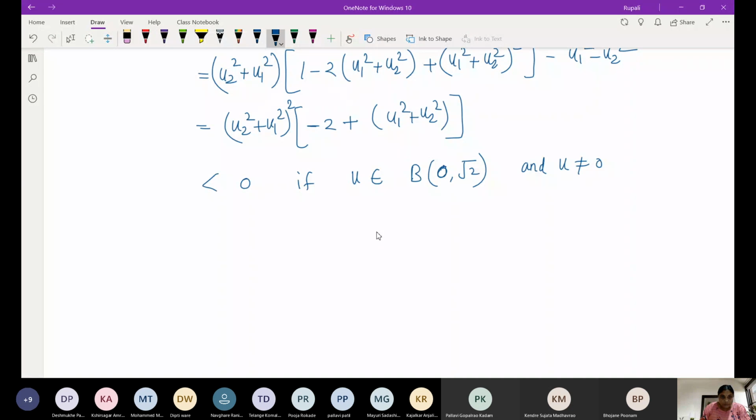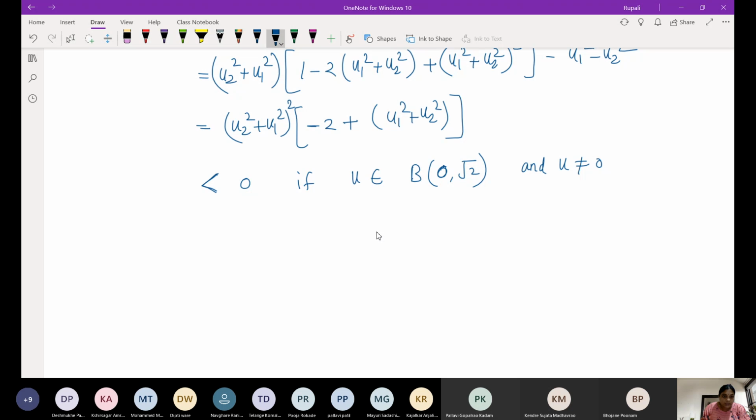Because of minus 2 plus u1 square plus u2 square, if we take any point in this ball centered at origin with radius root 2, then delta t must be strictly less than 0.